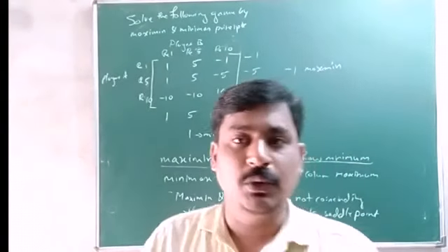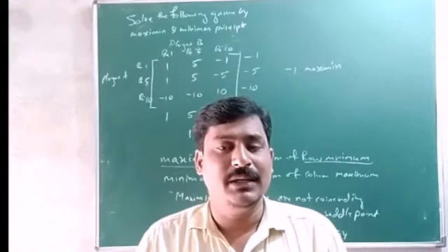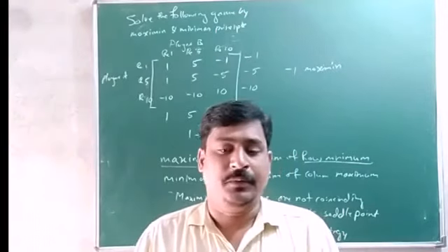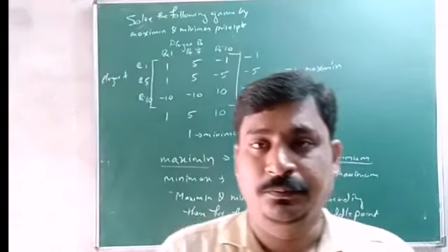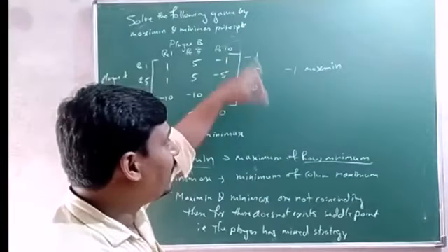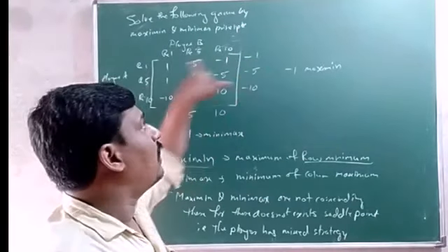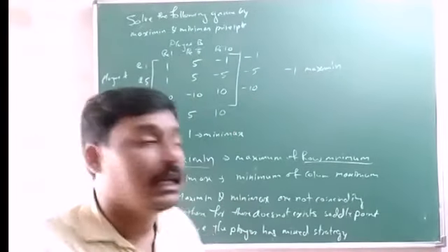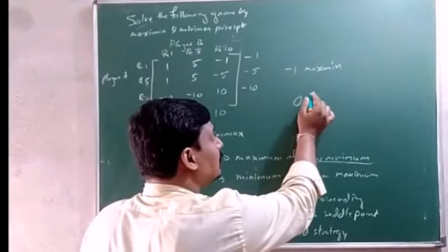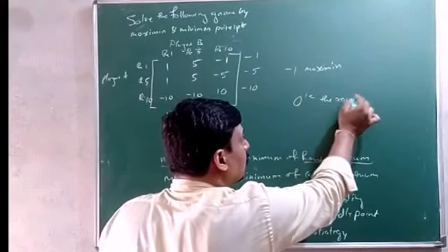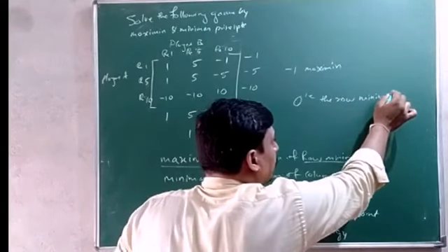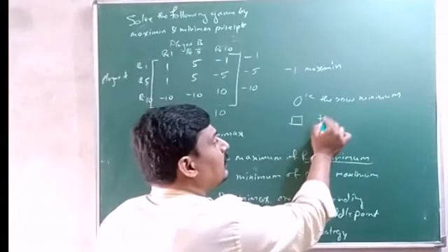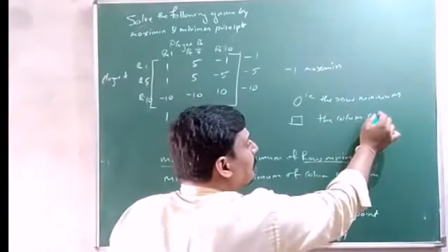Another way to identify maximin and minimax and locate the saddle point directly. Instead of writing the row minimum values, just circle the row minimum and put a box around the column maximum.